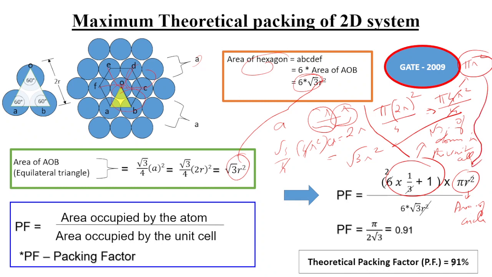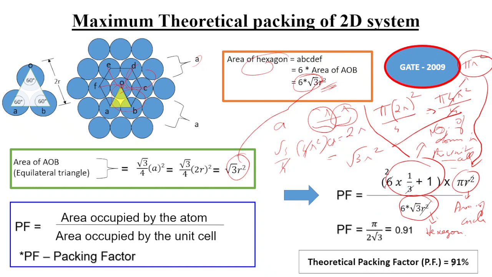This is the area of the circle, this is the number of atoms in the unit cell, and this is the area of the unit cell. What is the area of our unit cell? Our unit cell is a hexagon, and the area of the hexagon, as we found out, is over here. So we substitute all this, and when we solve we get 0.91.